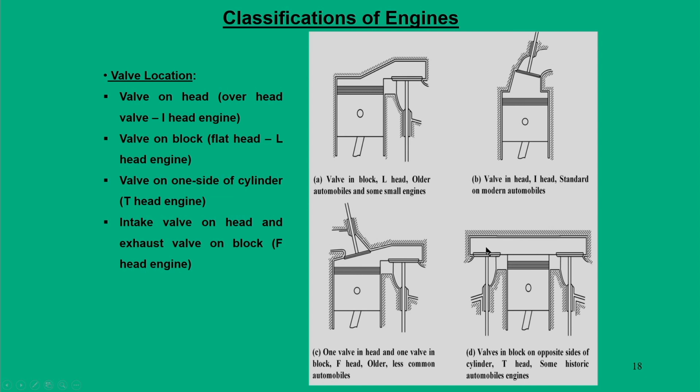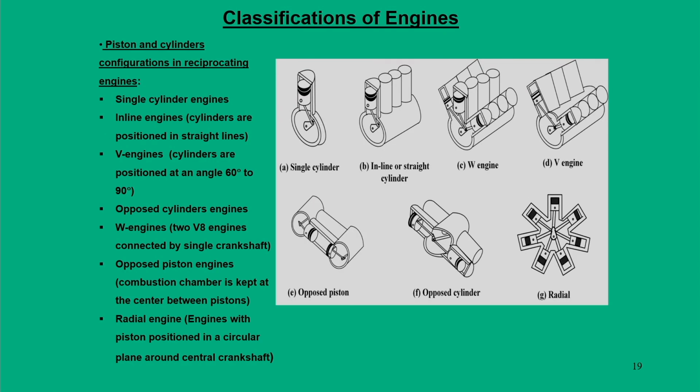It represents the shape of a T, so it is a T head engine. In that way, there are multiple designs possible. Another way of looking at the classification is how the pistons and cylinders are oriented. In a single cylinder engine, we have one cylinder and one piston, or we can have one single straight cylinder with multiple pistons.